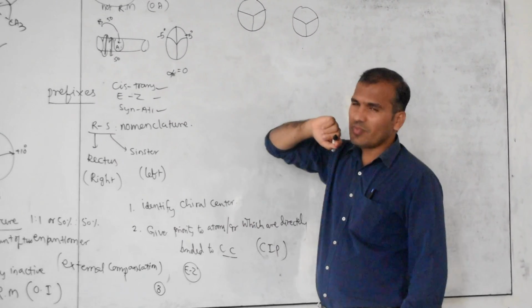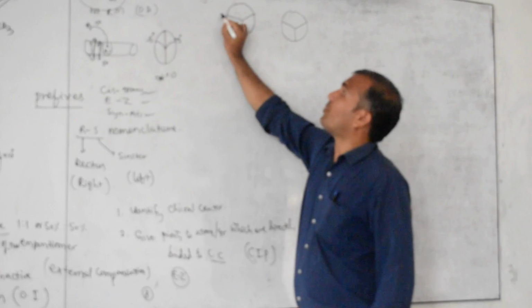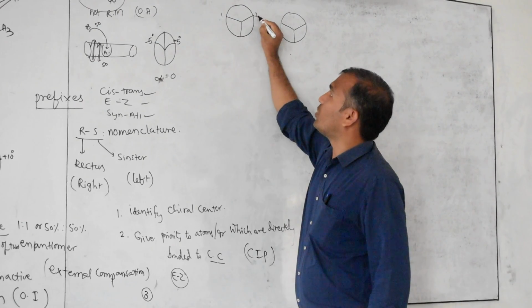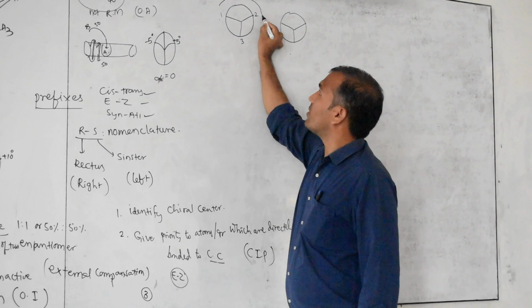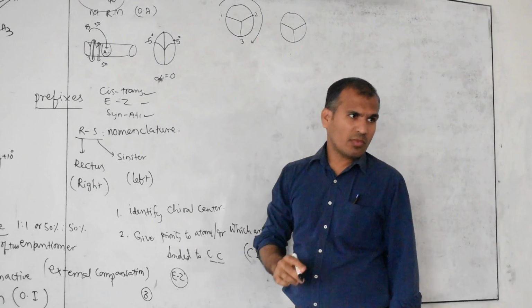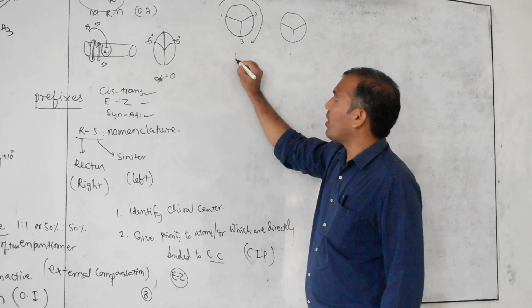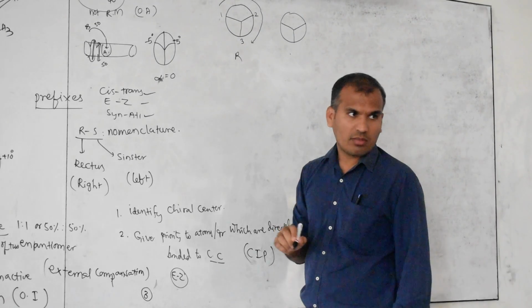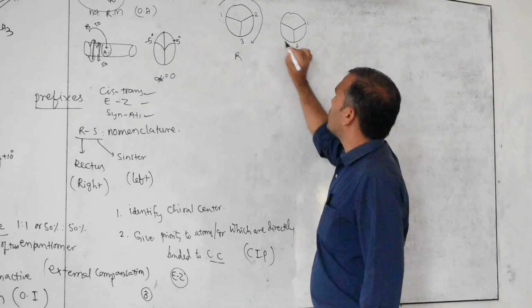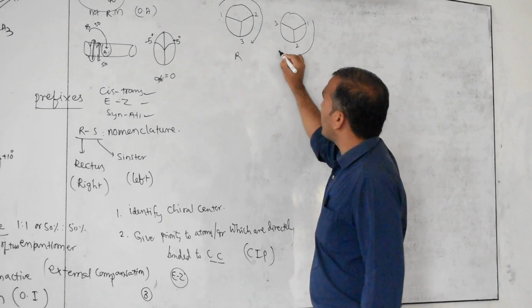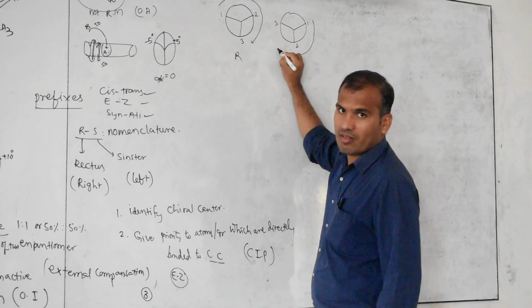Now priority 1, 2, 3: is this clockwise or anti-clockwise? Clockwise. Clockwise means R. 1, 2, 3, this direction is clockwise only.